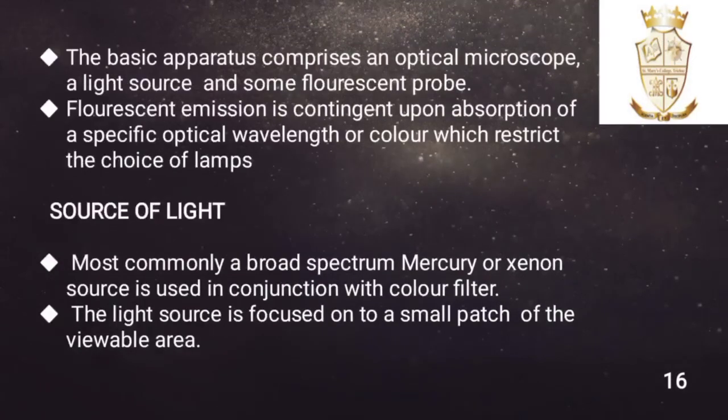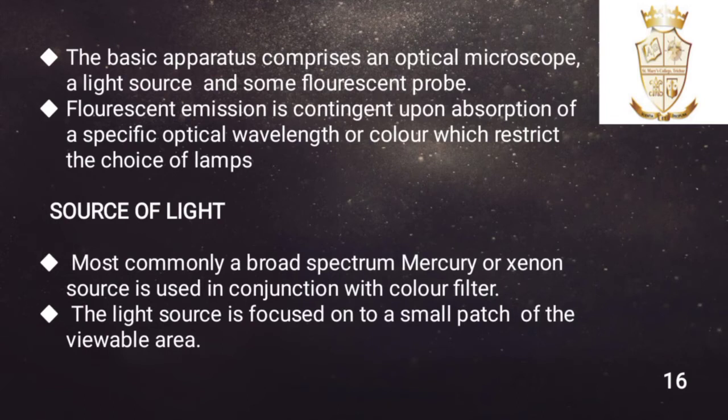Then the basic apparatus comprises an optical microscope, a light source, and some fluorescent probe. Fluorescent emission is contingent upon absorption of a specific optical wavelength or color, which restricts the choice of lamps.